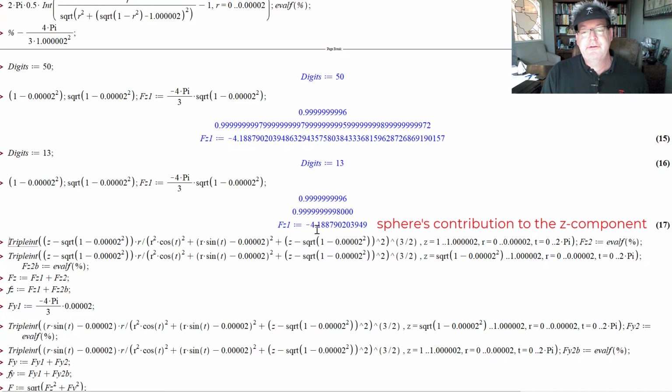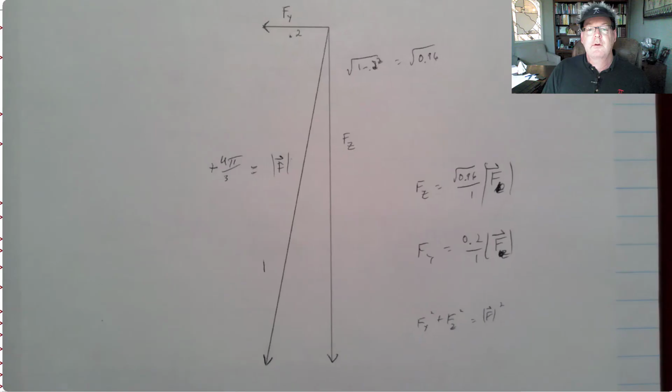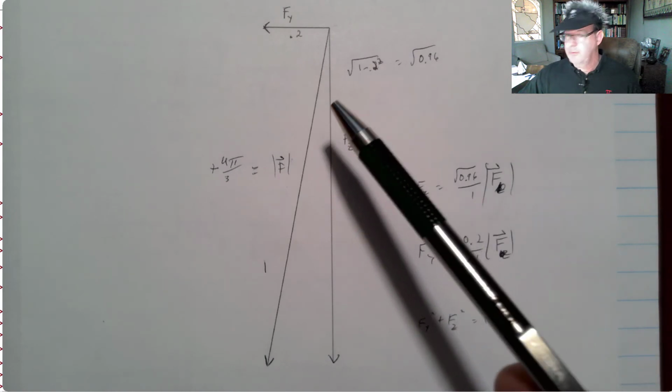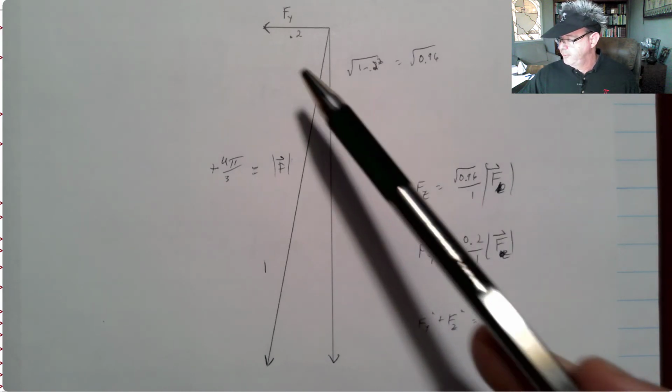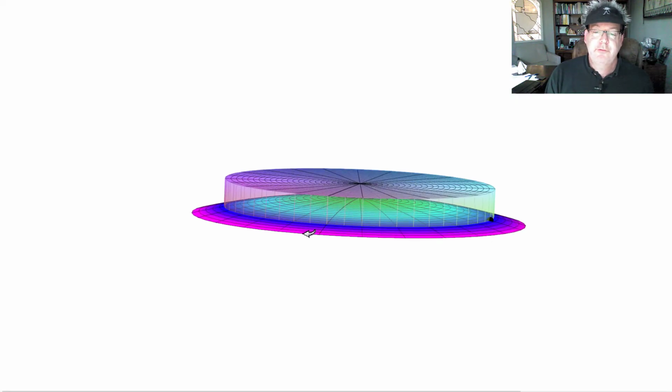Of course, this matches, so 3949. All right, so that's the z component of the force of gravity when this is 0.00002. Now for the disk, again, there's a pull upwards.